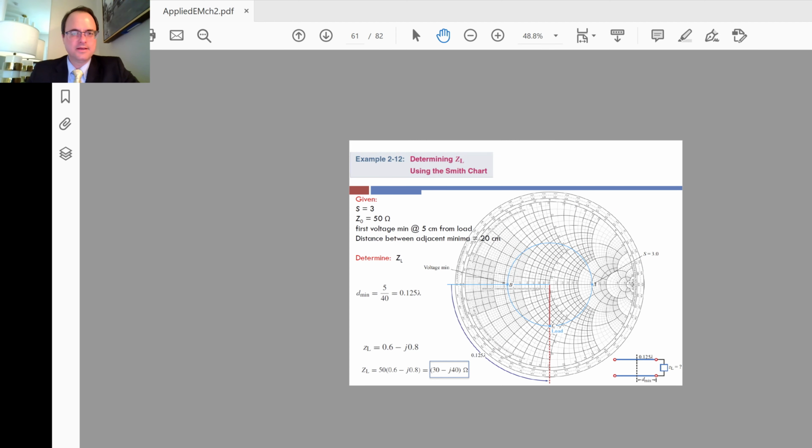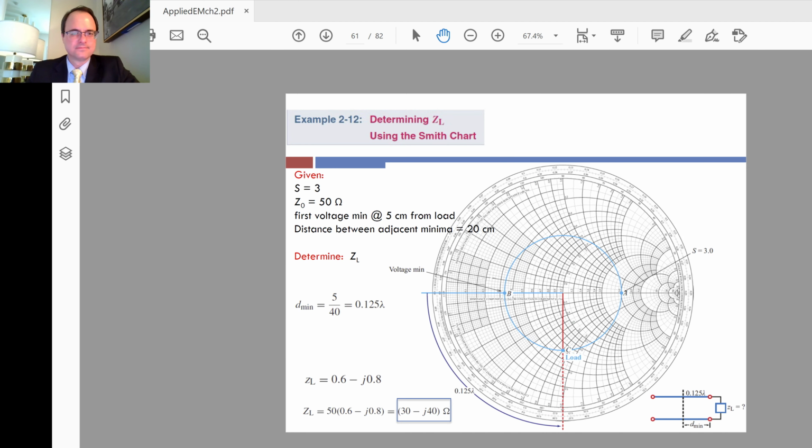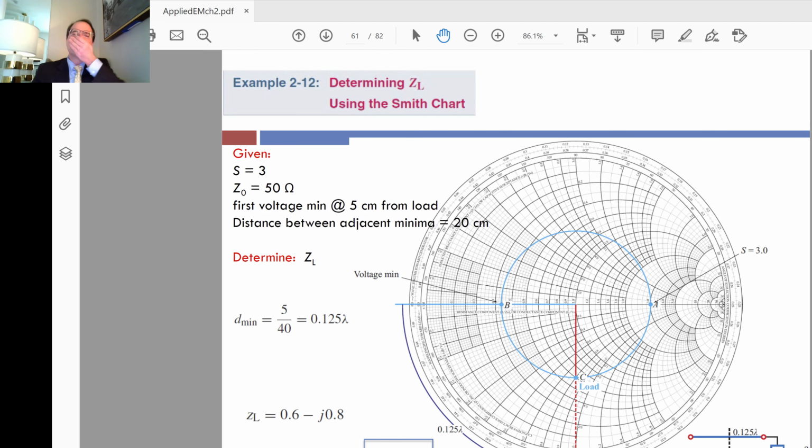Okay, another example. This is example 2.12 in the book, so let's make sure that they give everything. The problem is stated in this way. First of all, they say the problem is similar to example 2.6, except for now we're going to use the Smith chart.